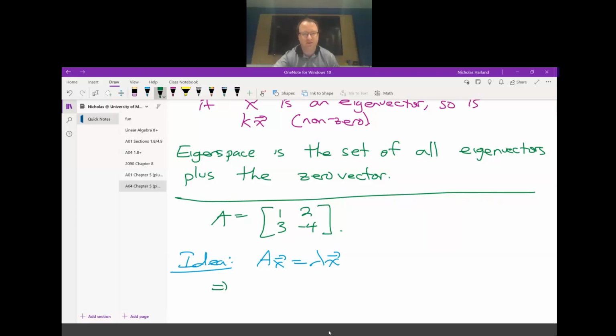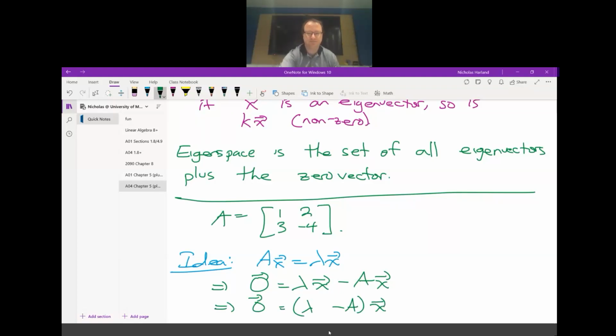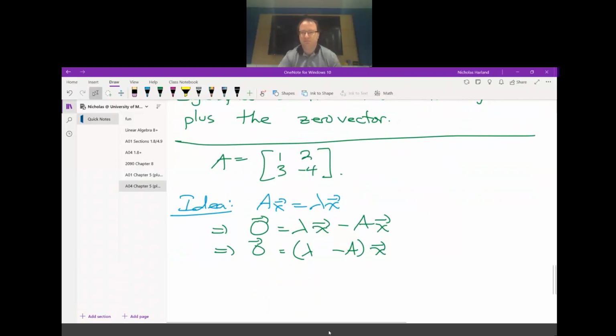So we'll move everything to one side. We'll factor out the x. And then x isn't 0, so we'll have to do something with the other thing.